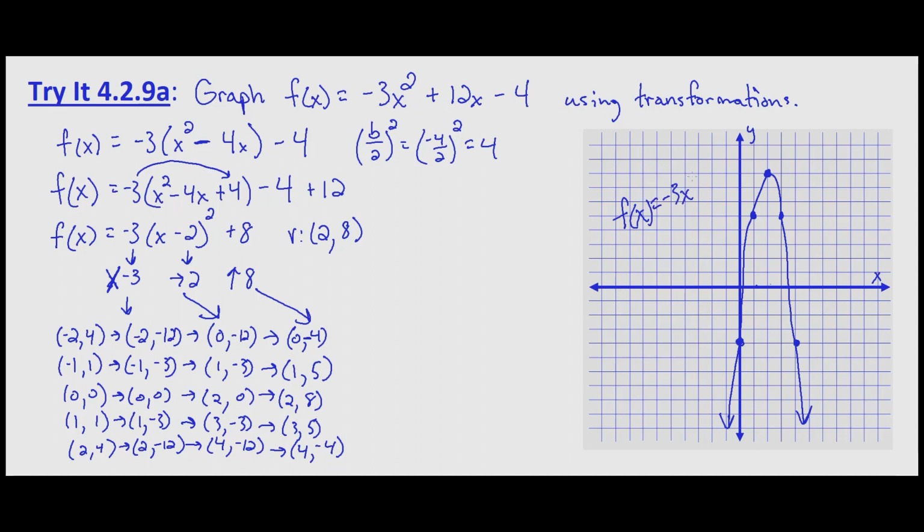And there we have the graph of f of x equals negative 3x squared plus 12x minus 4 that we graphed using transformations by first completing the square to put it in vertex form and then applying the reflection and stretch, then the horizontal shift, and then lastly the vertical shift from points that we know are on the parent function, f of x equals x squared, or in this case we called it g of x equals x squared.